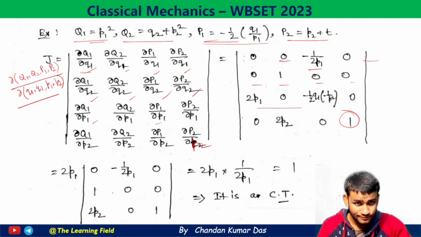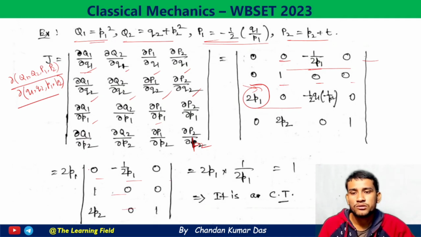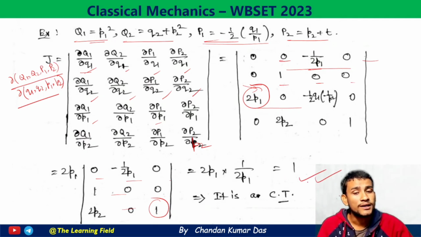Okay, if we expand the determinant with respect to this term, 2 P1, then we can write this, which is equal to 2 P1, and then expanding with respect to this one, we get 0 into minus, so simply 1 by 2 P1, and this is equal to 1. That means the transformation given above is a canonical transformation.